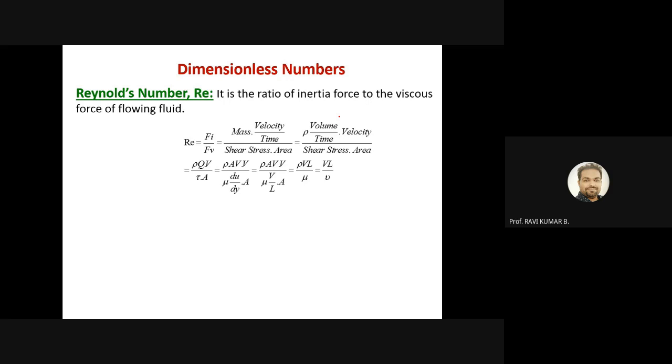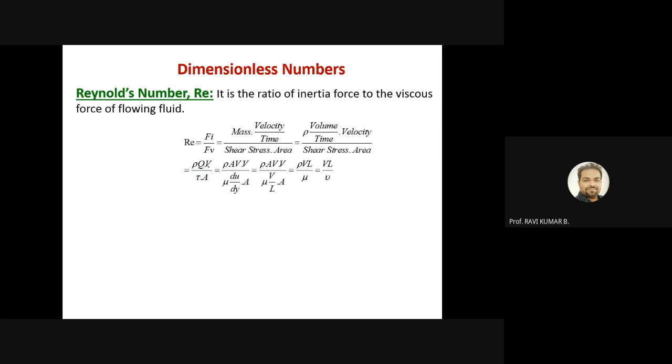Discharge is nothing but area into velocity. So we replaced the mass by density into volume, and volume by time becomes the discharge, usually represented by Q. Shear stress is represented by tau, and this is the area, so we simply write tau into A.